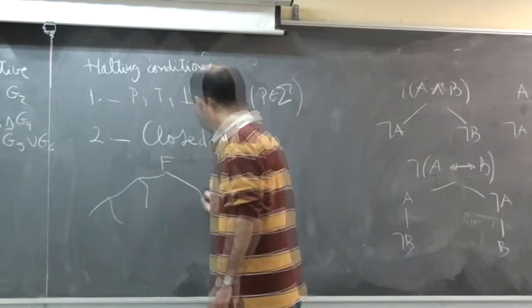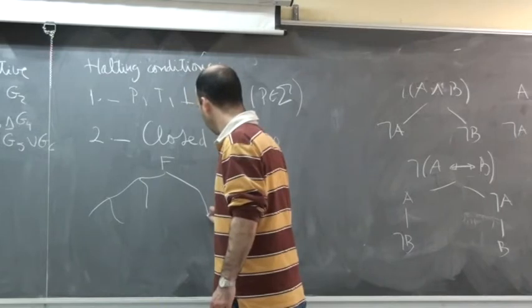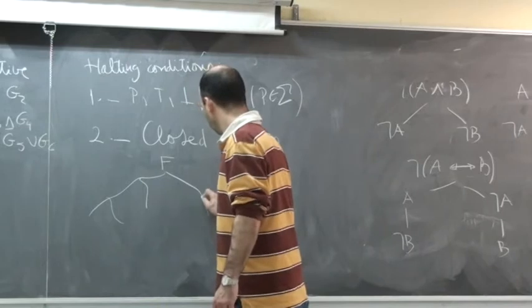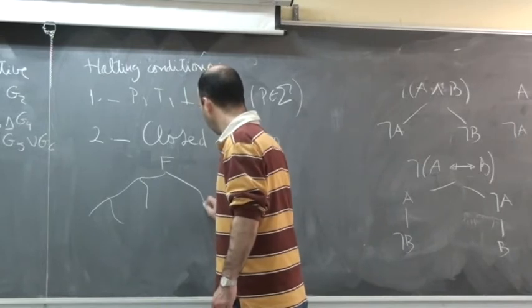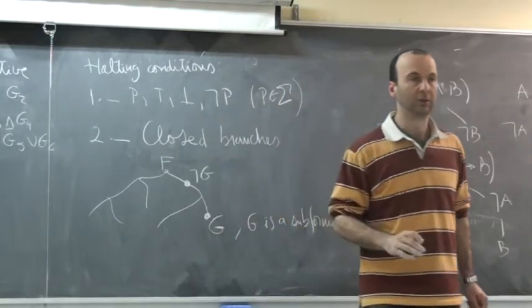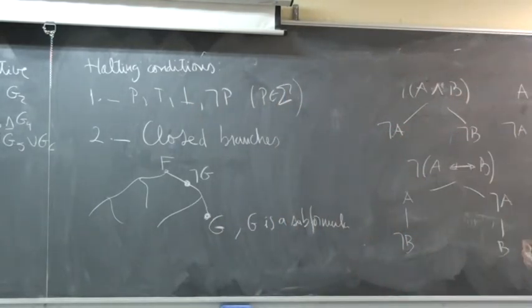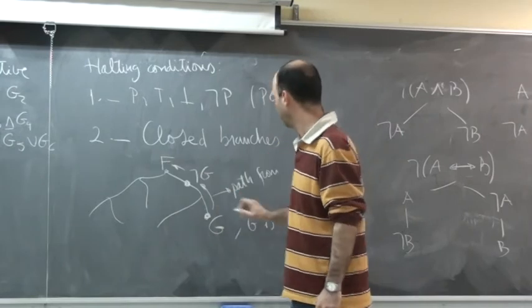And from the path from this formula to the root, suppose you find the negation of G. This is the path. That path is unique, by the way. It's a tree. It's only one path from G to the root.